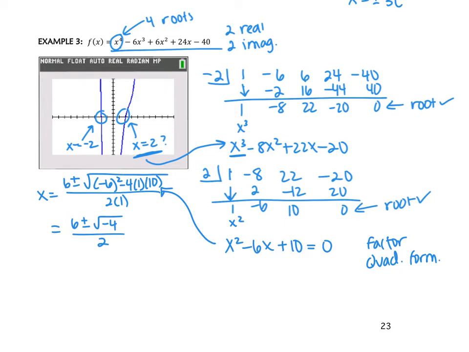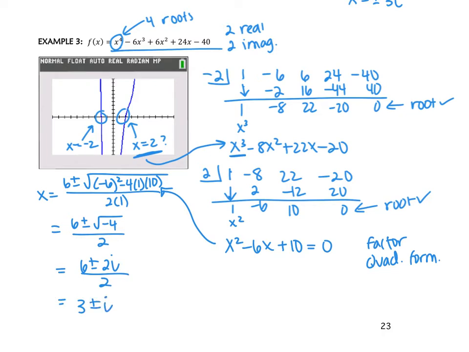Okay, be careful here. I'm not ready to divide by 2 yet. I need to actually take the square root. So square root of -4 is 2i. So now I get 3 plus or minus i.